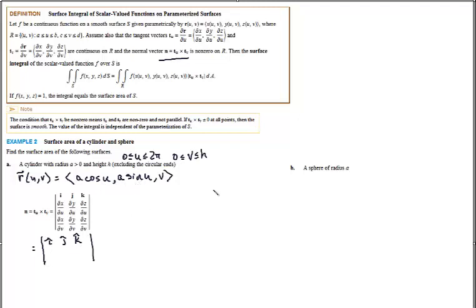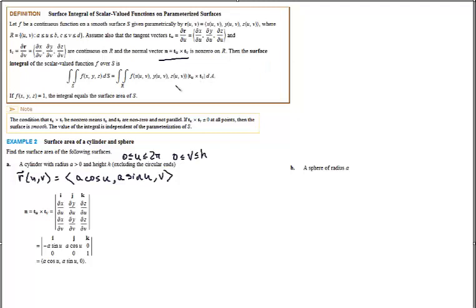Anyway, that's by definition, so let's write that down. After those partials are complete, here's what they look like, and when you find the determinant, you will end up with the following vector.